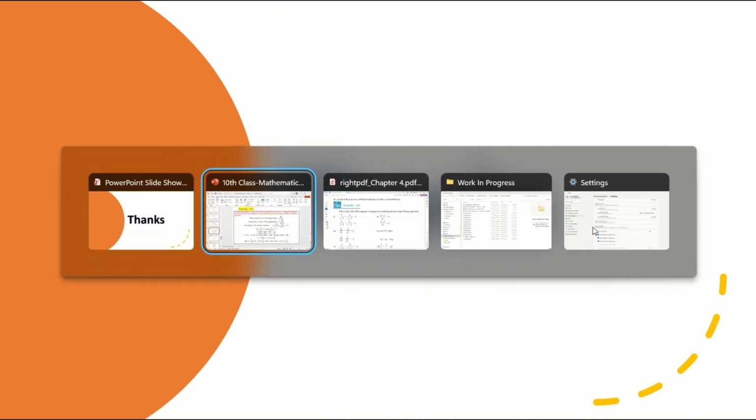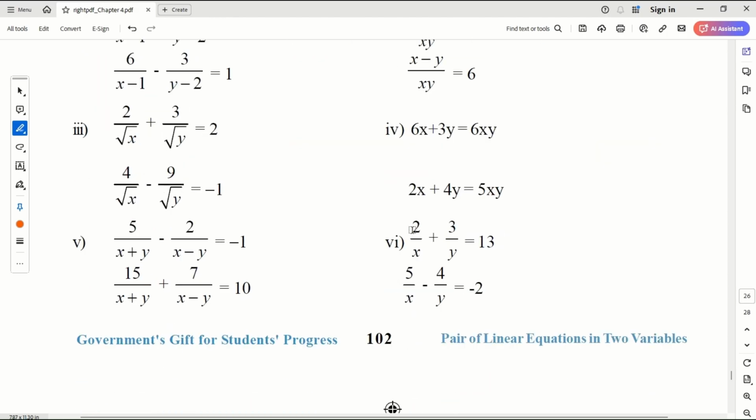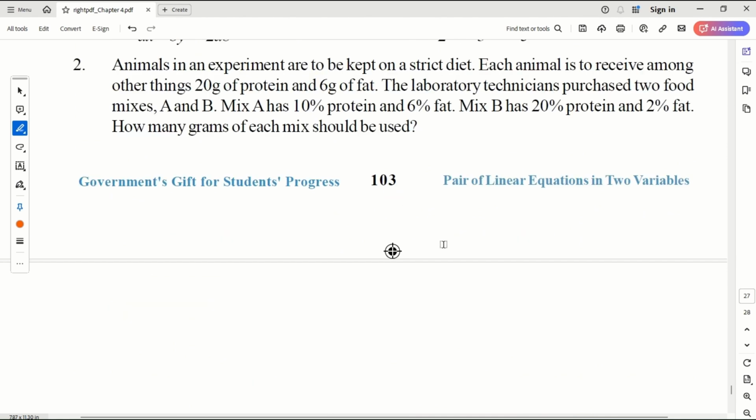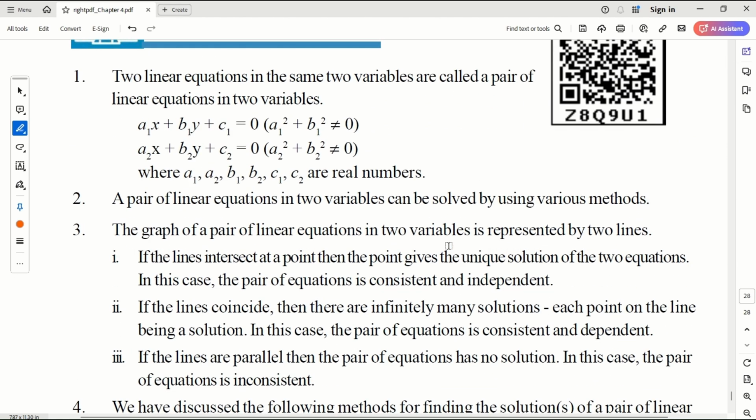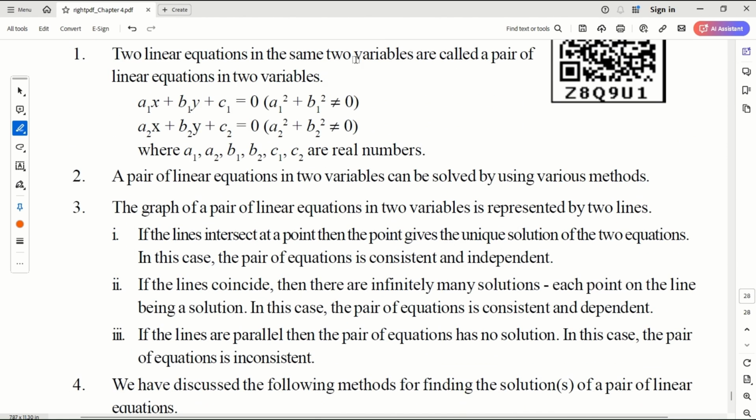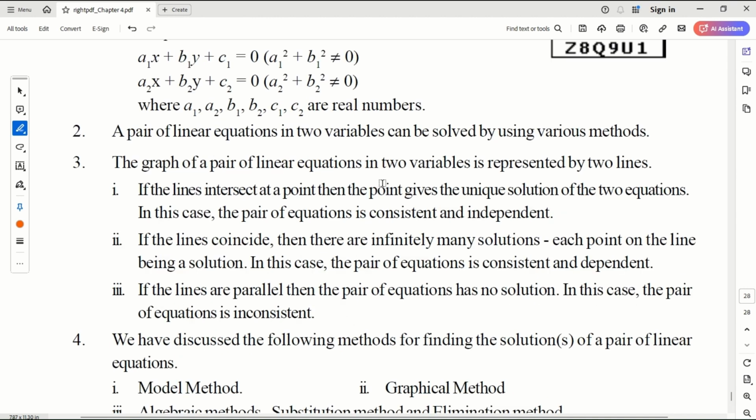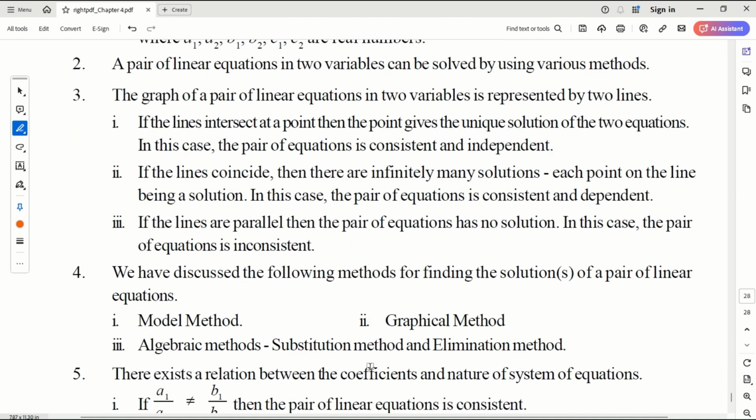Let's summarize what we have learned here in the whole chapter. Okay. We learned about linear equations and their coefficients and relations. And then pair of linear equations in two variables, how to solve them using different methods: the graph method, and algebraic methods, the substitution method and the elimination method.